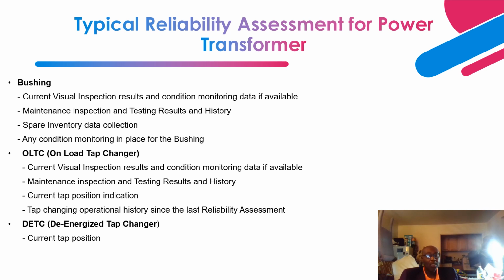You also want to check if there's any condition monitoring device that has been installed on the bushing, and the data and parameters that it is providing. If you have a SCADA system or local HMI, you can also check for your C1 capacitance or the C1 rating. As you know, for these typical condenser bushings that have capacitive layers internally, you have a C1 area and a C2 area.